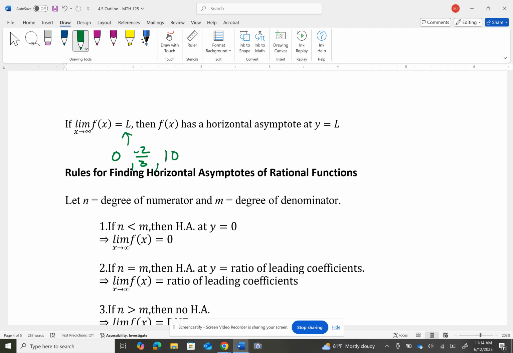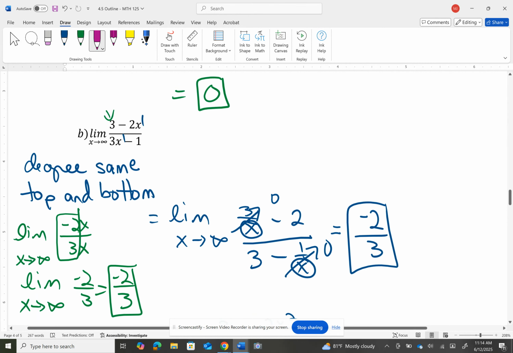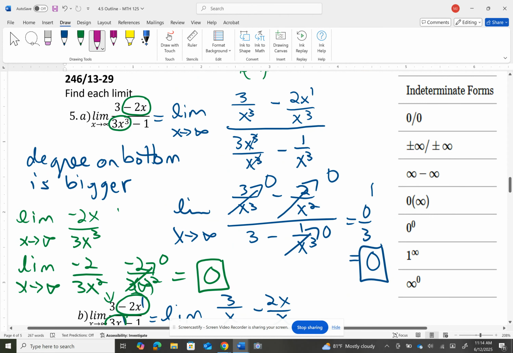Then we would say that the function has a horizontal asymptote at y equals that number. Okay, so previously on these problems, this guy, number 5, you would have a horizontal asymptote at y equals 0.